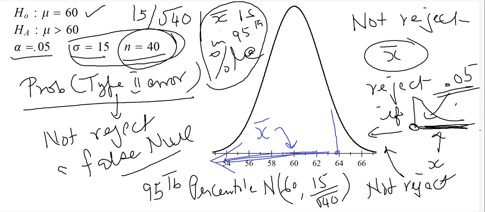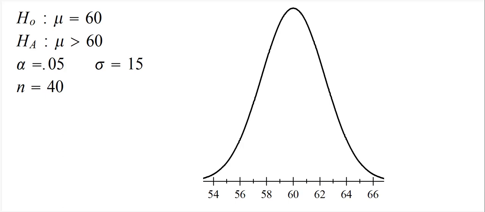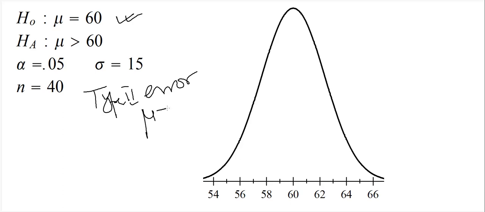All right, so now to calculate the probability of type 2 error, which occurs when the null is false, it is going to depend on how badly the null is false. For example, let's obtain the probability of a type 2 error when mu is in fact 61.